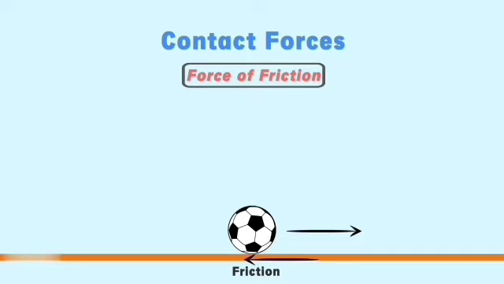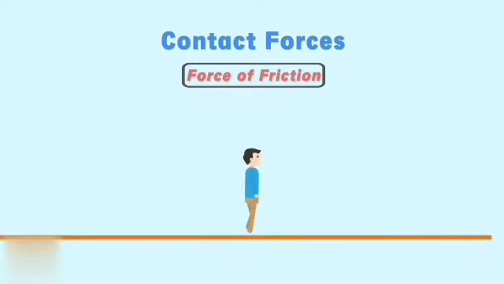Friction plays quite an important role in our daily life. We can walk and run because of this frictional force. How does it help us walk? When we walk forward, we push the ground with our foot in the backward direction.